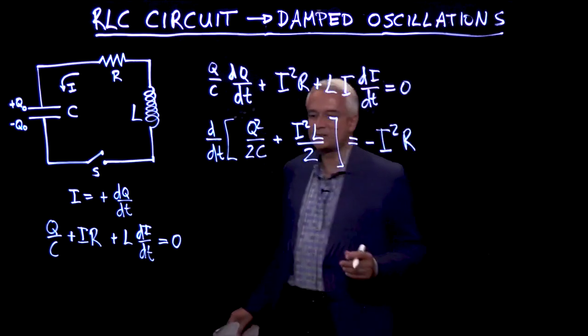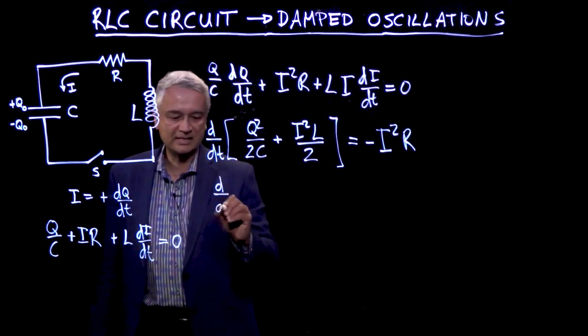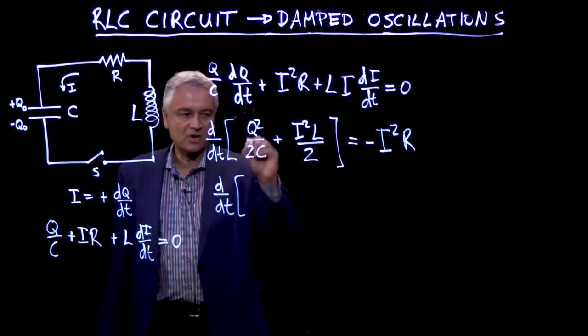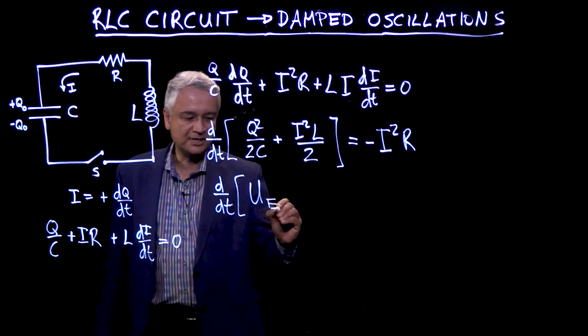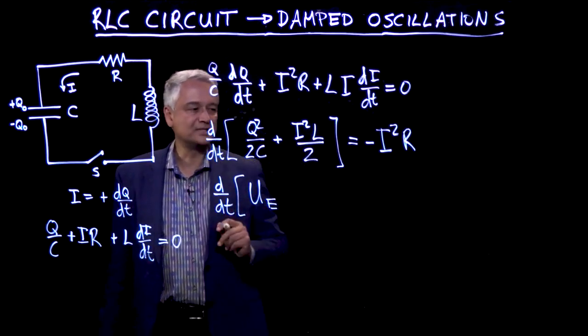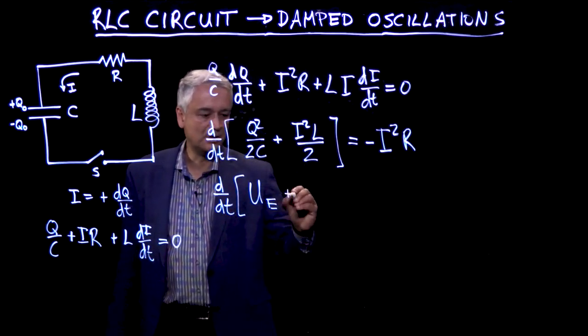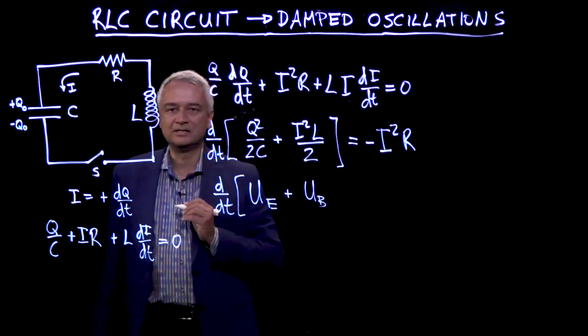And now we notice that we can interpret this. What this says is that d by dt of, what's q squared over 2C? Well, that is the energy of the electric field in the capacitor. What's I squared times L divided by 2? Well, that's the energy of the magnetic field in the inductor.